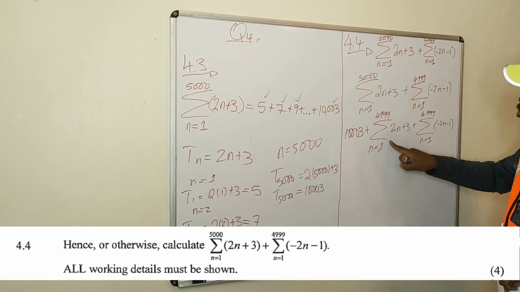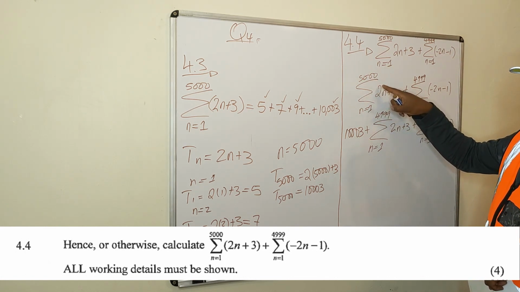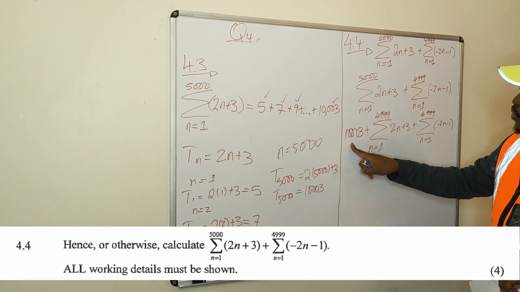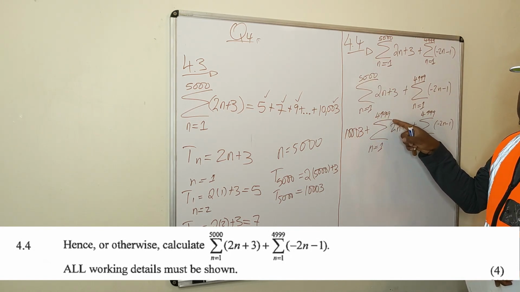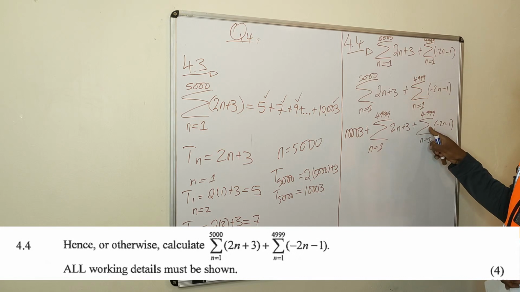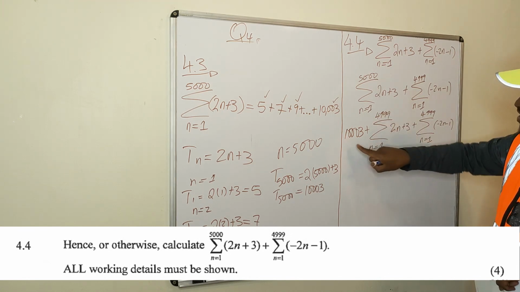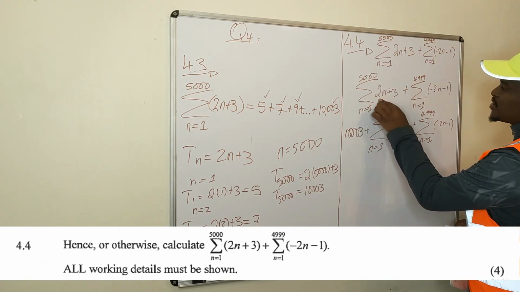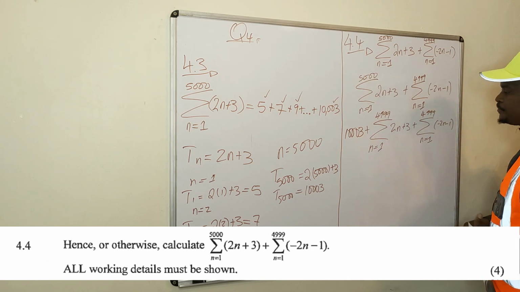So here, we had 5,000 terms. But now, if we exclude the last term, 10,003, in here we're left with 4,999 terms, which is the same number of terms as this one here, right? So the term number 5,000 is that one over there. So it's not lost, because if we add it back, it goes back to this. But if we take it out or write it separately, it becomes that, and then we're left with this.